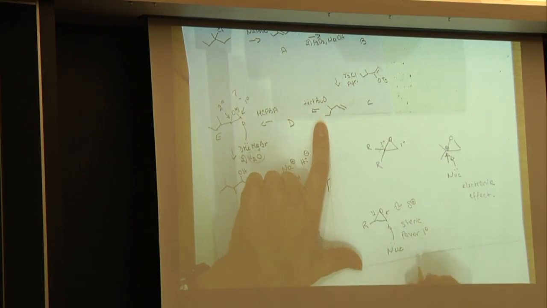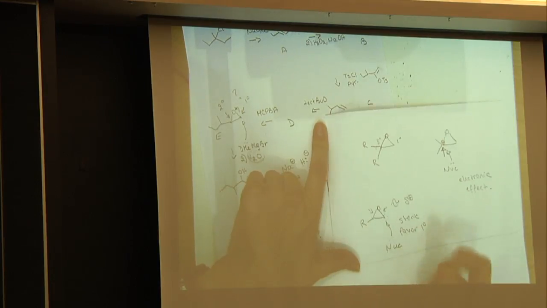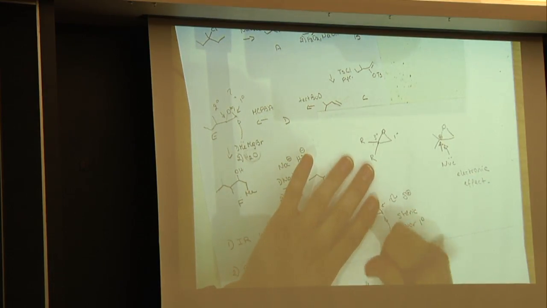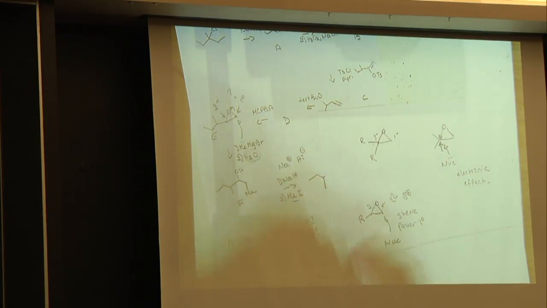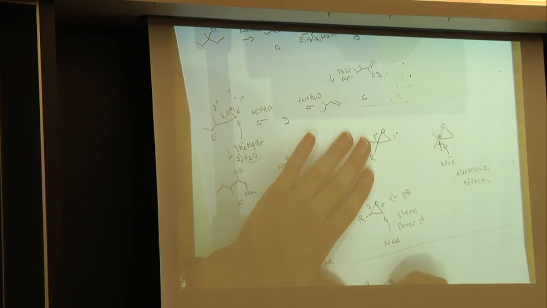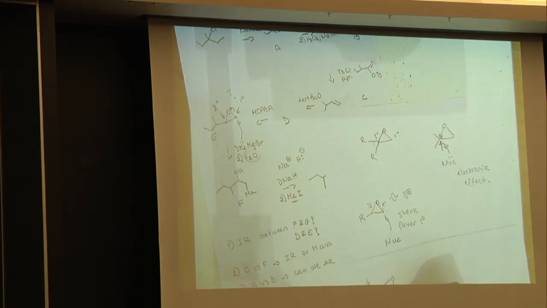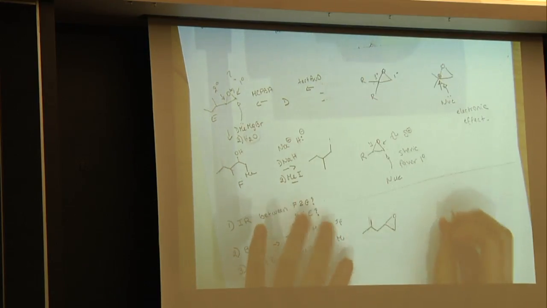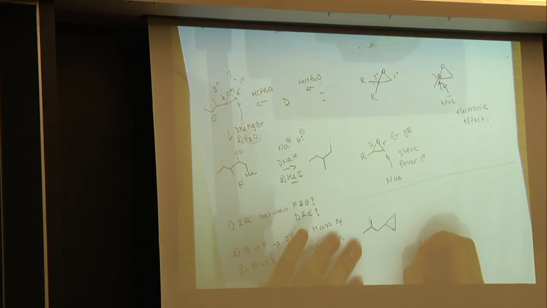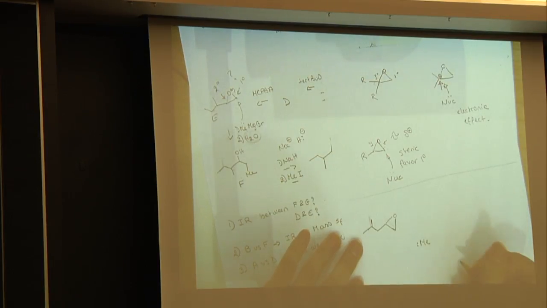Okay, cool. All right, so then we have our epoxide here with mCPBA. Okay, then we have a Grignard, which you can draw this way.